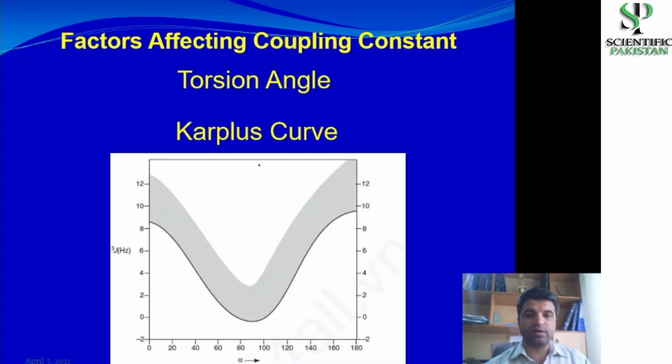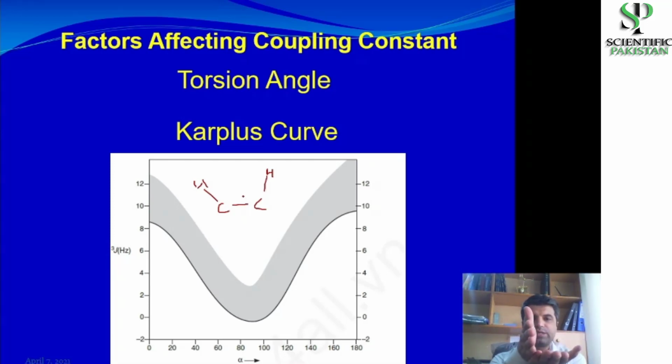That is one factor. The second is the torsion angle. Torsion angle is also known as the dihedral angle. So if we have vicinal protons and these are attached to sp3 hybridized carbons or any other type of carbons, the dihedral angle is actually the angle between the two planes.